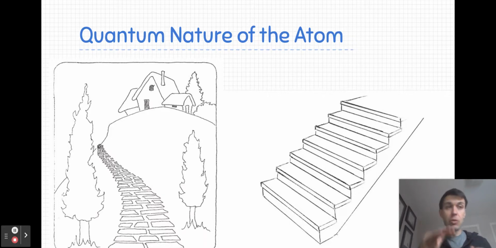You can't float in between the two steps. So the difference between like a ramp and climbing stairs. A ramp or a continuous path would be continuous, whereas climbing up steps would be discrete. You're on one or you're on the next. So it might be helpful to keep these analogies in mind as we start describing the atom.